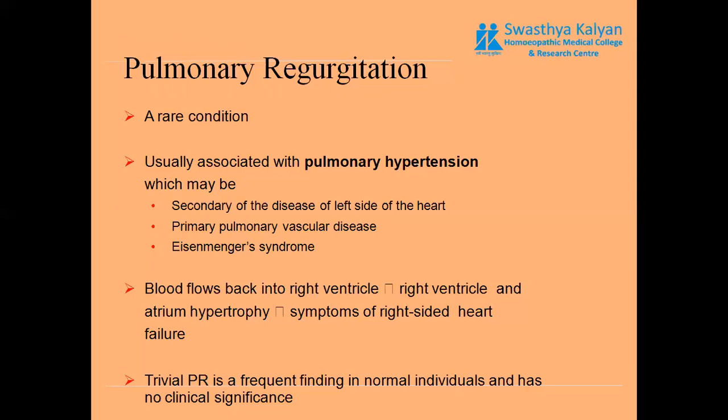If you do remember, Eisenmenger syndrome is a part of congenital heart disease. I leave it to you to recall what Eisenmenger syndrome is. Blood flows back into the right ventricle, which causes right ventricular and atrial hypertrophy, and symptoms of right heart failure can be seen.